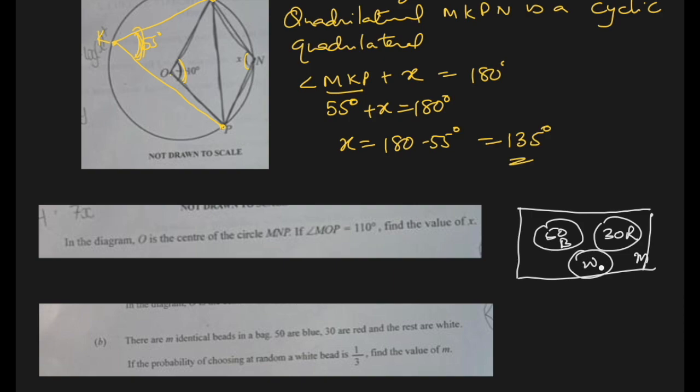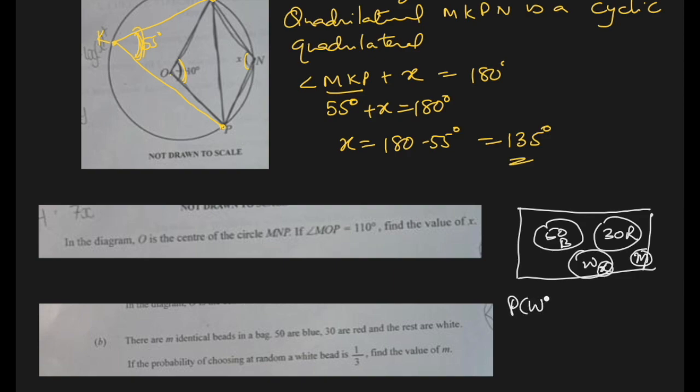So let's call them x. Okay, let's call it x. So what is that? If the probability of choosing at random a white bead is 1/3, find the value of m. What they are trying to say is that x is 1/3 of total m. That's how we find probability, right?